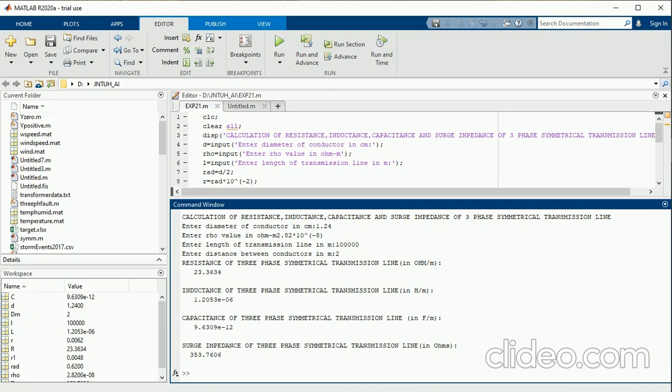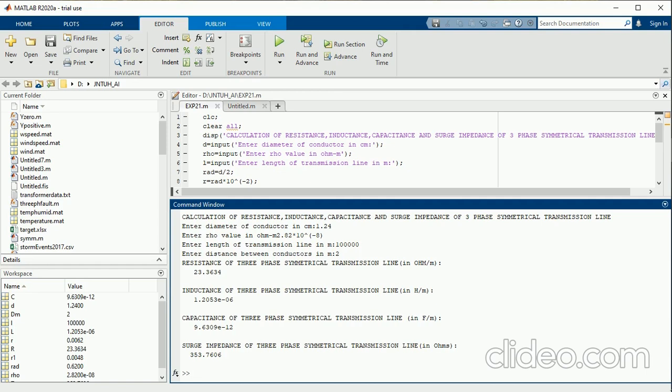Okay, please observe here, these are the values I got from the simulation. We will cross check these values in theoretical also. Whatever values I got here, they matched with theoretical.